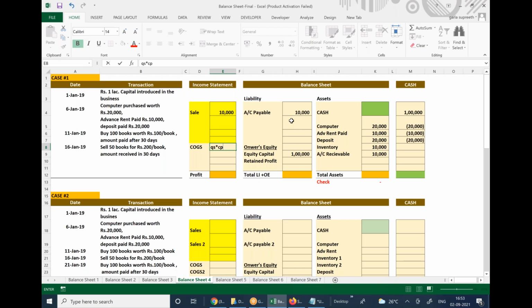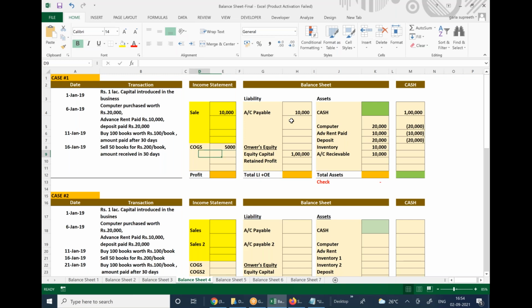So my COGS purely depends upon how many books I have sold, not on how many books I purchased. It clearly says I have sold 50 books. For selling, it should be selling price, but for COGS, it should be cost price. At what price did I buy? 100 rupees. Quantity sold into cost price when it comes to COGS. When it comes to sales, it is quantity sold into selling price.